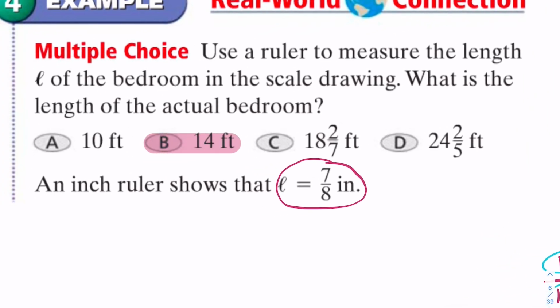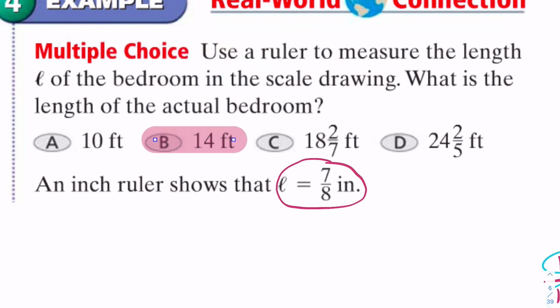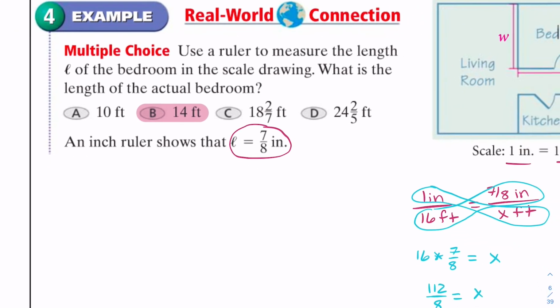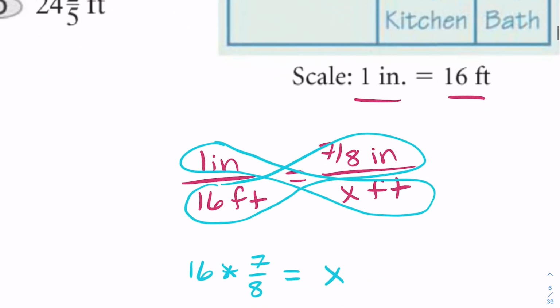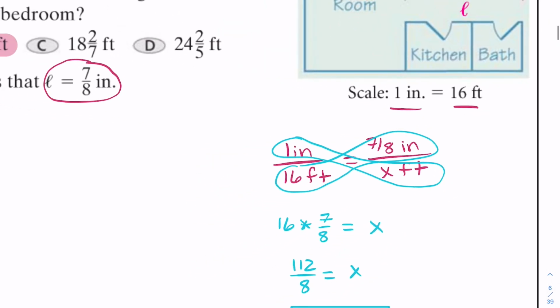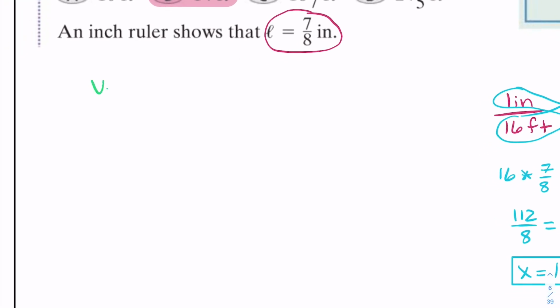Now let's say you don't feel comfortable converting, and you'd feel more comfortable if you change your feet into inches. That's fine too. Your result will be in inches and then you'll convert it to feet. So let's say we did do that. Let's put version 2.